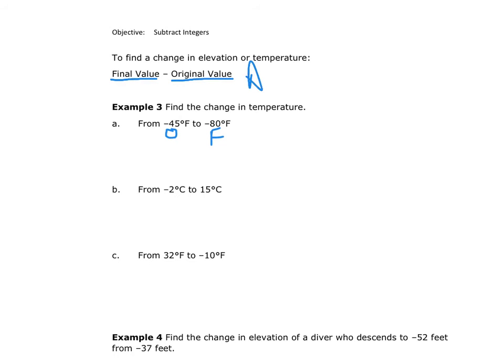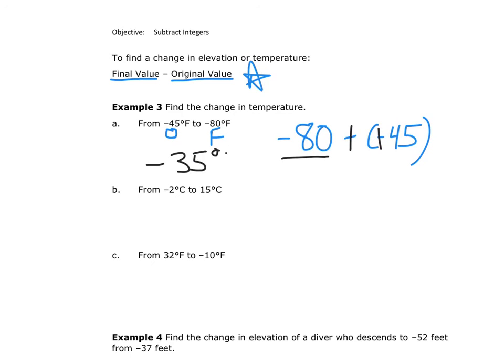So up here, it tells me to do final minus original. So I'm going to do negative 80 minus negative 45. And then I can keep, change, change, and I would end up with negative 35 degrees Fahrenheit. So that means it went down 35 degrees Fahrenheit.